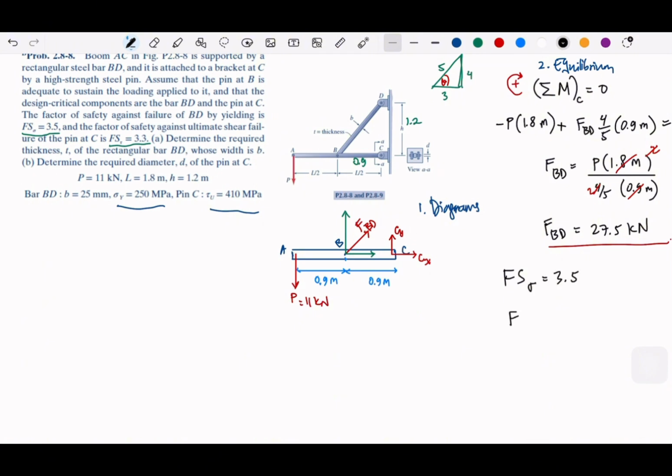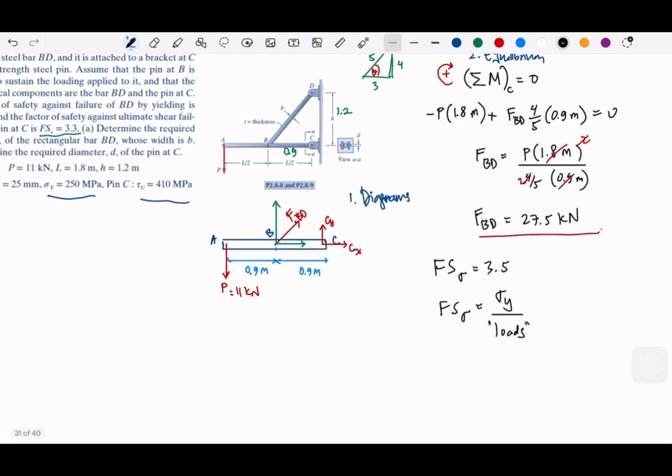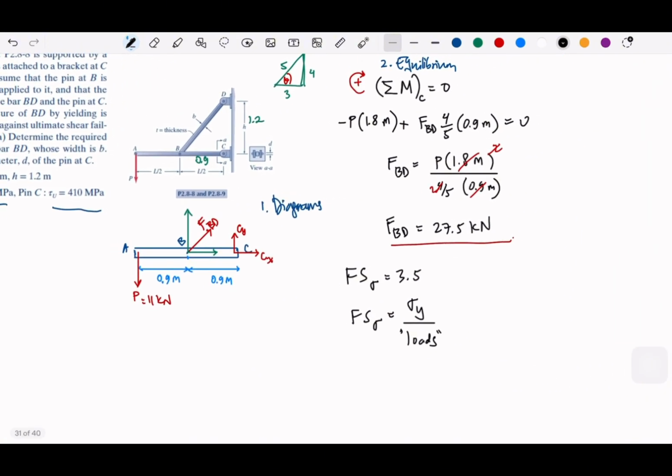This Fs will be sigma yield over the load. Let me write the load. Load means the stress, the stress that is going to be applied, and the stress that is going to be applied will be the FBD over the area.